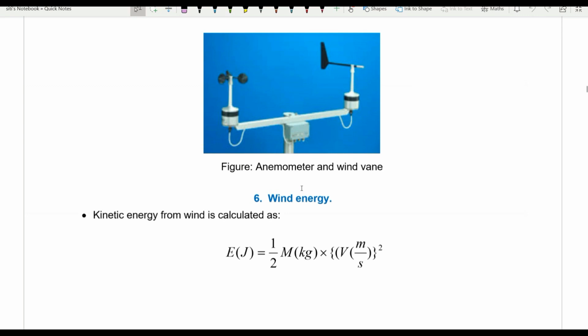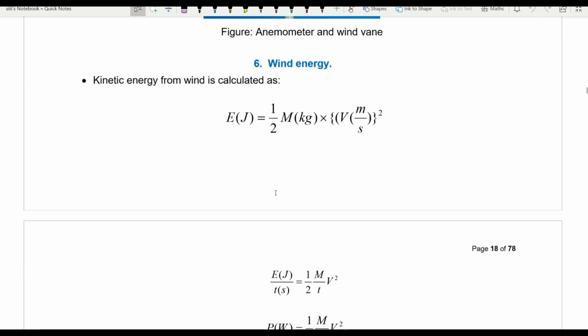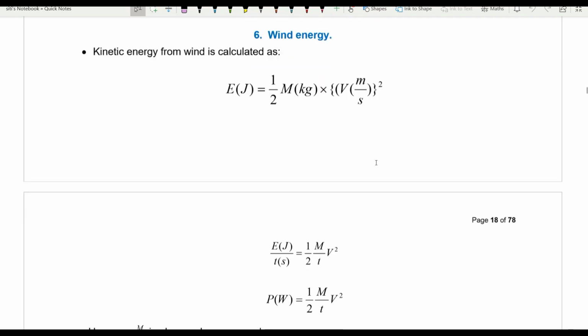Number 6, wind energy. Wind energy is the kinetic energy from wind, calculated as E, unit in joules, equals 1 over 2 m v squared, where m is the mass in kilograms multiplied with velocity to the power of 2, and velocity is in meters per second.